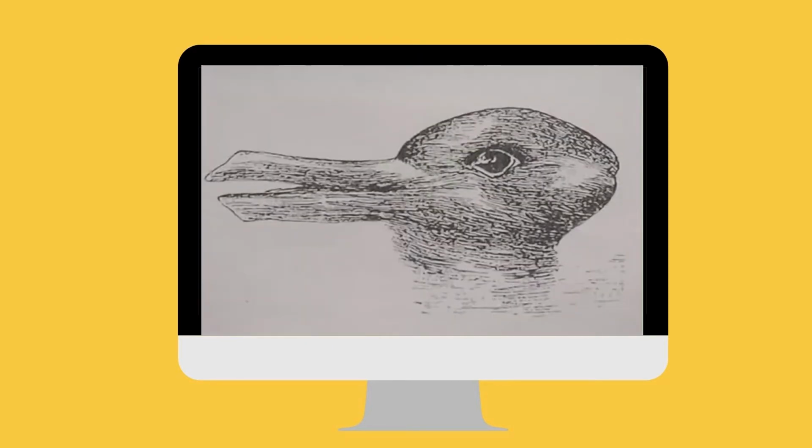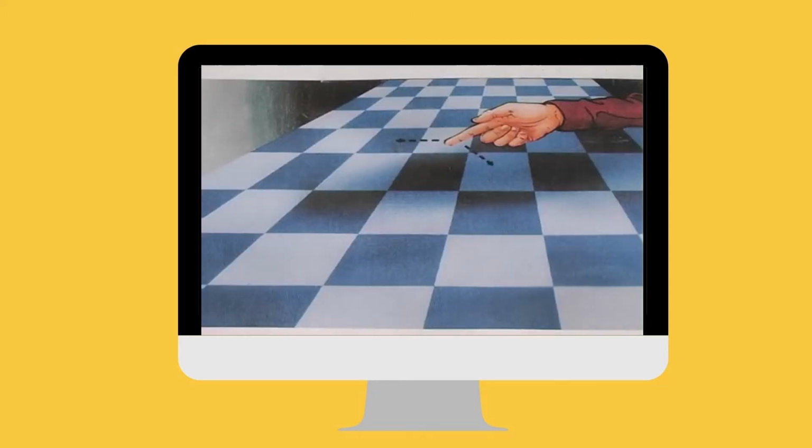Take a look at this drawing. It appears to be a rabbit looking to your right or a duck looking to the left. It will keep flipping between the rabbit and the duck as your brain tries to figure out what's going on. Take a look at the two squares that the black arrowheads are pointing to. The top square looks much darker than the lower one. This illusion is created by the areas surrounding each square.